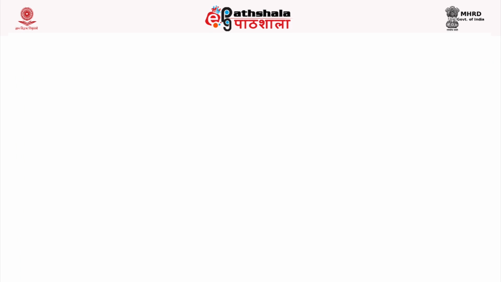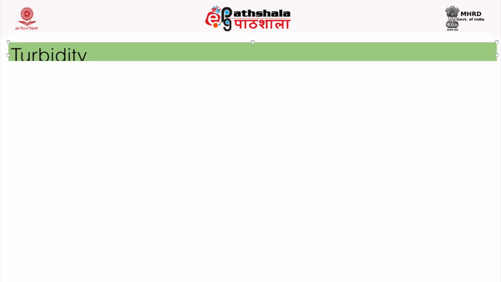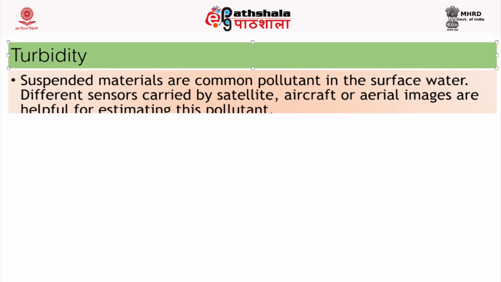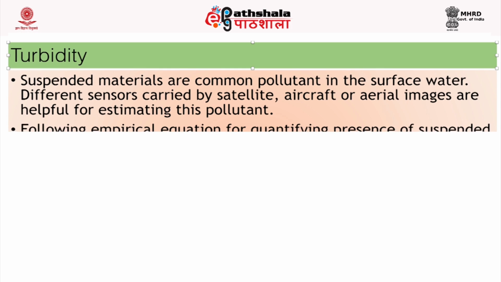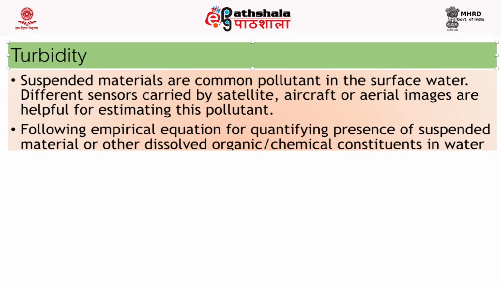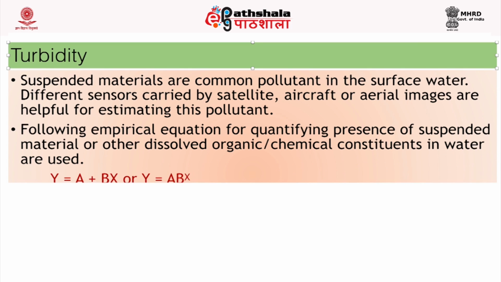So, first we will discuss the turbidity. The suspended materials are common pollutants in the surface water. Different sensors carried by satellite, aircraft, aerial image are helpful for estimating this pollutant. We can use an empirical equation for quantifying the presence of suspended material or other dissolved organic or chemical constituents in water.